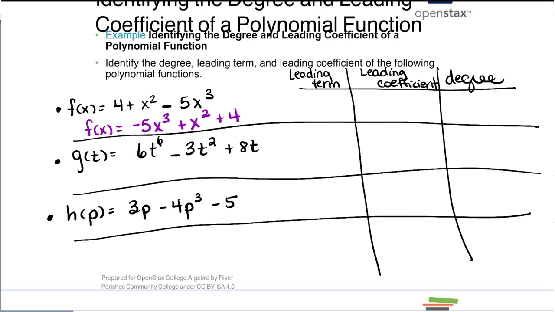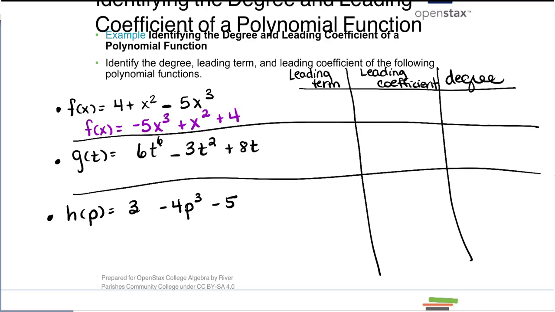The last one, h of p, we'd have negative 4p to the third plus 3p minus 5. I ran out of space there, so let me write that underneath here.